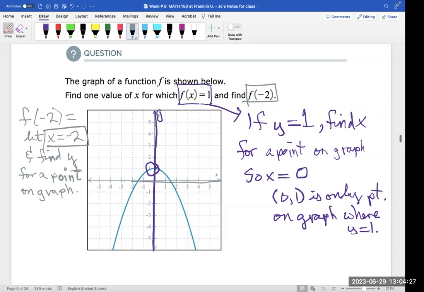So I'm on my X number line here, and I find -2. And then I look at X equal -2. Aha, there is the spot right there. So then I see that -2, -1 is on the graph.